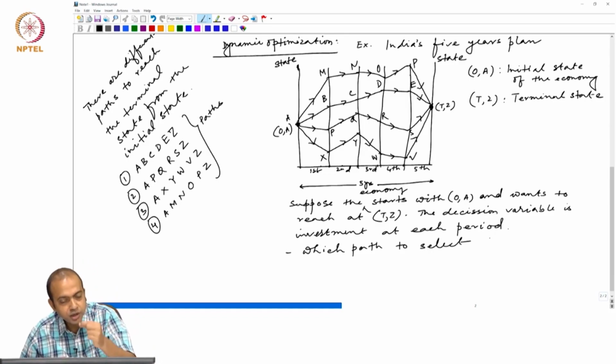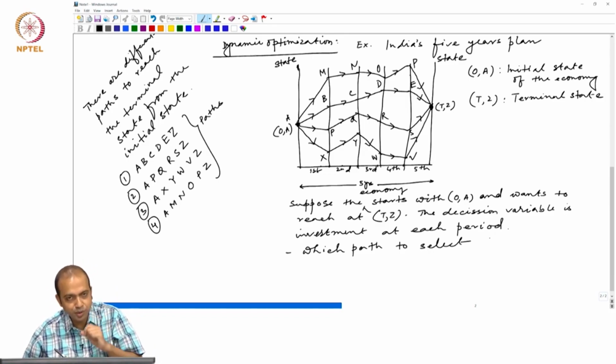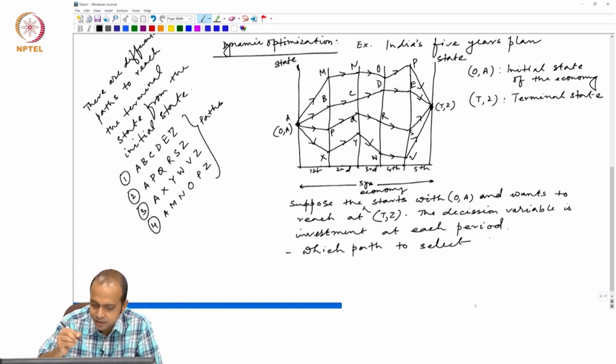So, each period the economy is deciding about optimum investment, and that investment involves some amount of cost. Let us say that the initial cost for this path is rupees 50, this is 100, this is 60 and this is, let us say, 70.